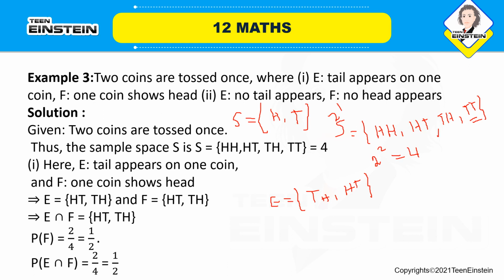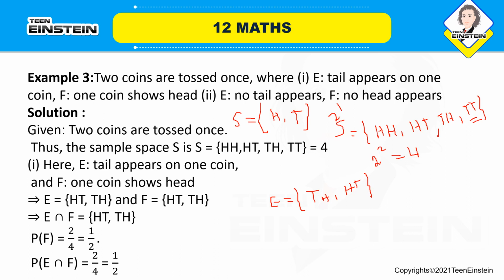In this outcome I am getting tail in the second coin, in this outcome tail in the first coin, whereas in this outcome tail in both the coins, and here head in both the coins. I should not consider those to write the event E. Is that clear? So I should consider HT and TH alone. So how many elements in E? There are 2 elements. Okay, similarly, how will you write F?